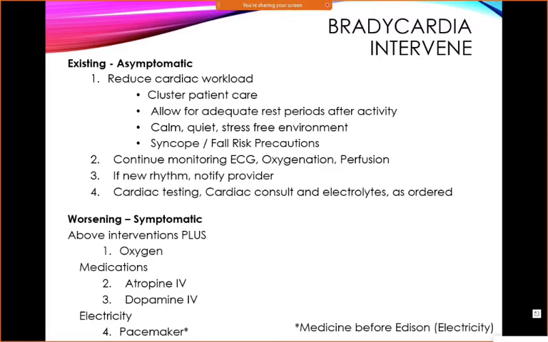Atropine and dopamine. Atropine basically slows down your parasympathetic system. It blocks your parasympathetic system. So in third degree, the AV is basically controlling the ventricle. And it's like, dude, I never heard from the SA node. We don't know what's going on here, so we better do our own thing.